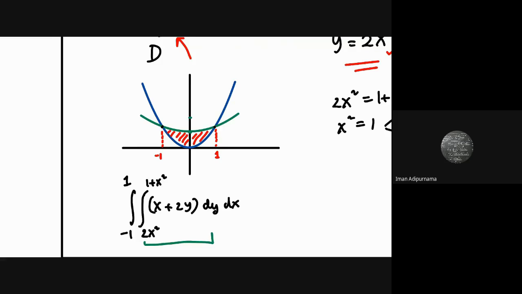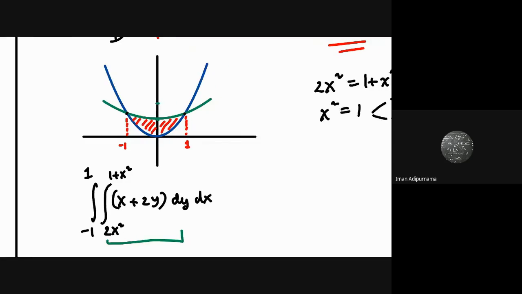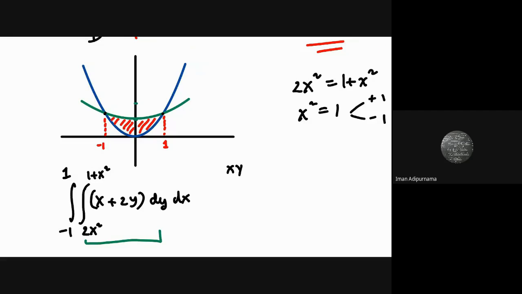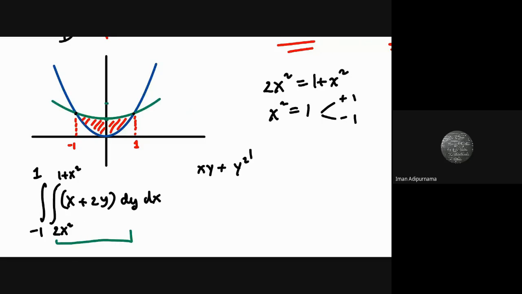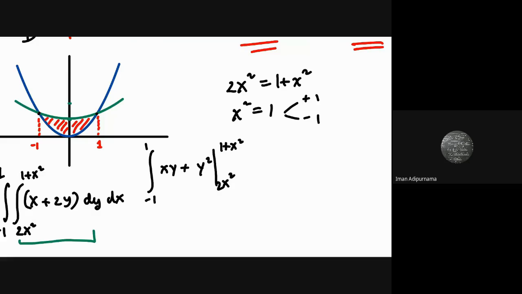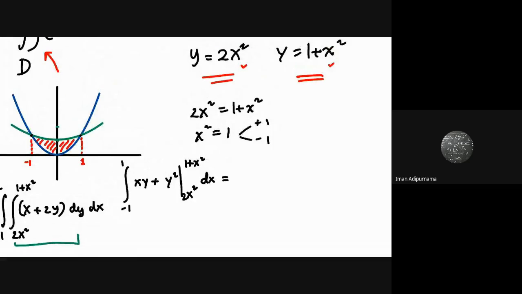Let's take the integral from the inside. So it will be xy plus y squared. You integrate, and then you need to plug in 1 plus x squared and 2x squared. And you still have another integral outside that is with respect to dx. And we need to take the information inside.